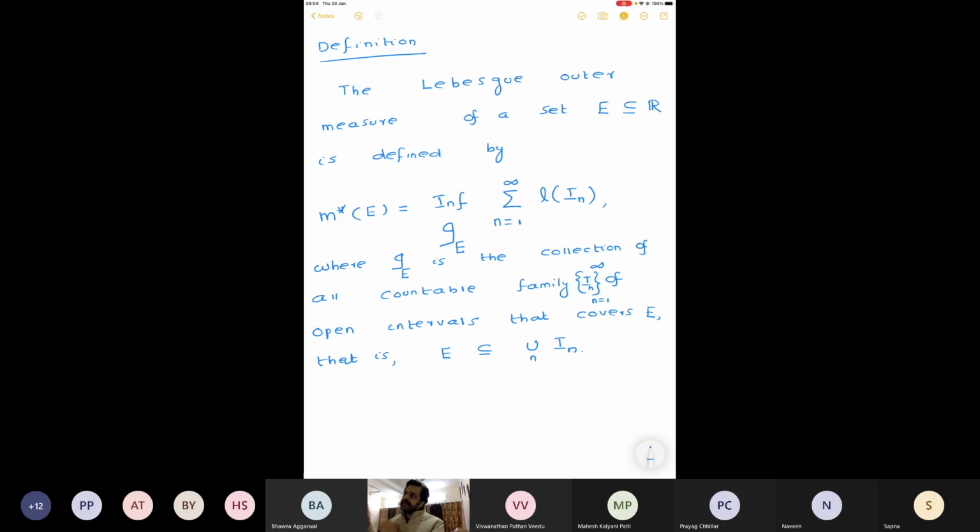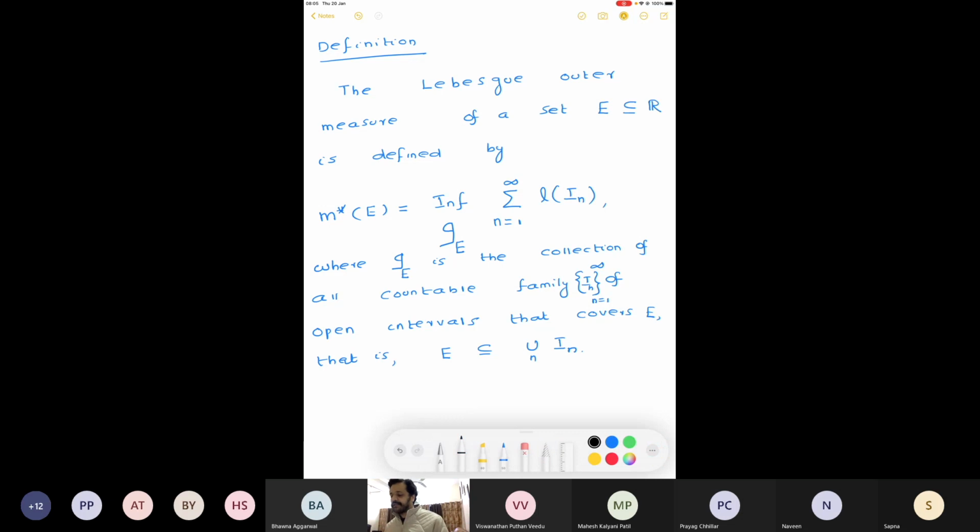Collection Jm, m varies from 1 to infinity, is another specific member of IE, and so on. So each member of IE is a countable collection of open intervals. Then for a particular member of IE, you find summation length In. And then you take infimum varying over members of IE. So this was the definition for Lebesgue outer measure that we introduced in the previous lecture.